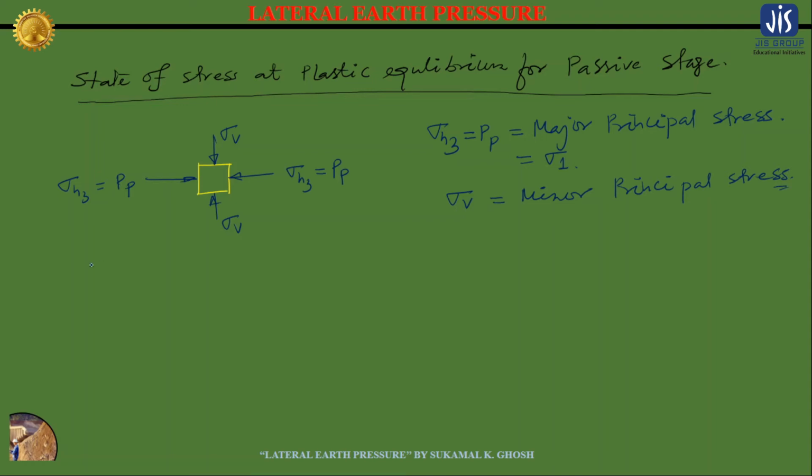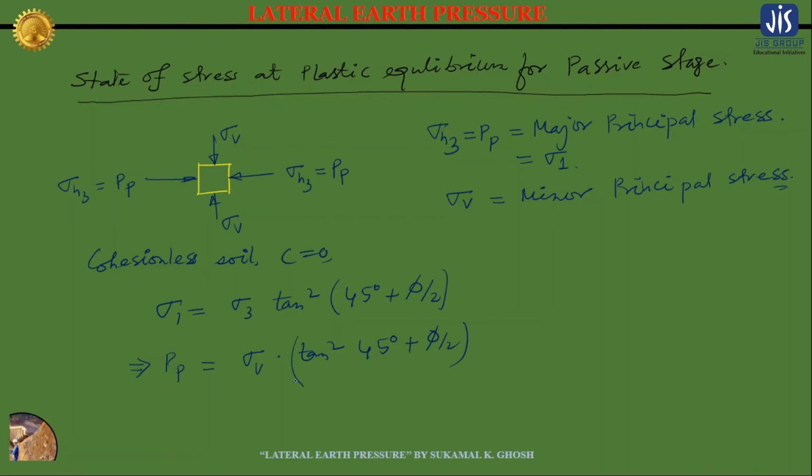Now we know for cohesionless soil, where C is equal to 0, sigma 1 is equal to sigma 3 into tan square 45 degree plus phi by 2, okay. So here sigma 1 is nothing but the passive earth pressure and sigma 3 is the vertical stress into tan square 45 degree plus phi by 2, okay.